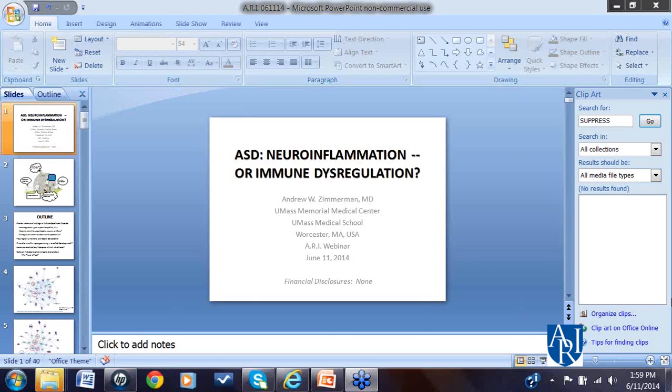Melatonin is very helpful for getting a child to sleep, and now there are long-acting preparations of melatonin that help to maintain sleep, if you haven't considered that.